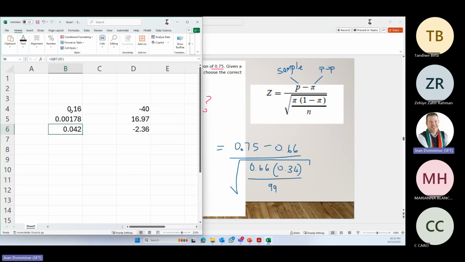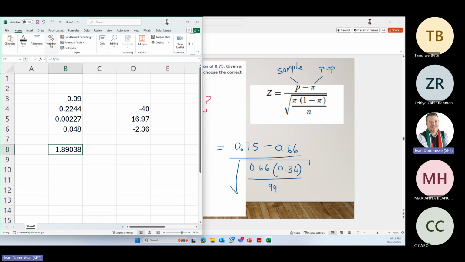Okay, so what we have is 0.75 minus 0.66. Then we have 0.66 times 0.34, that is divided by 99, and that's the square root of it. So we've got that divided by that one.